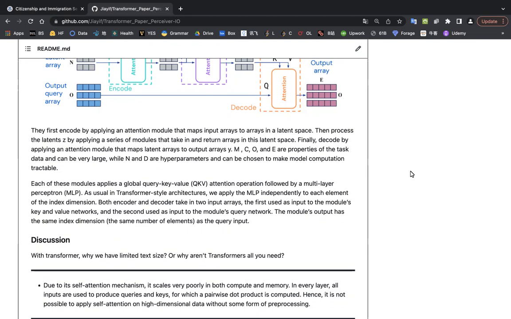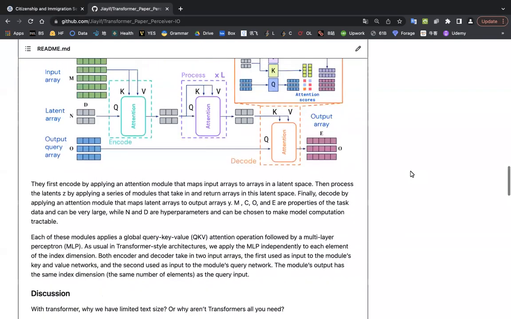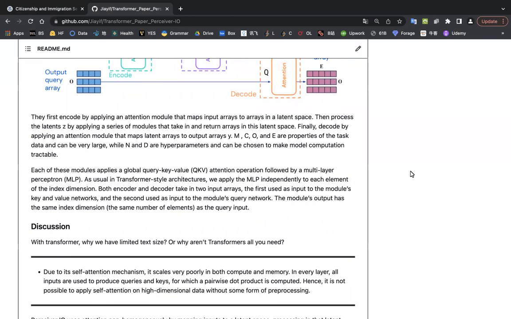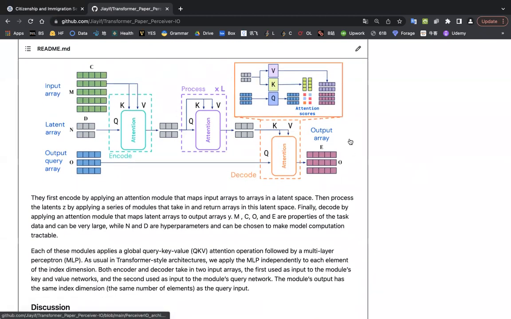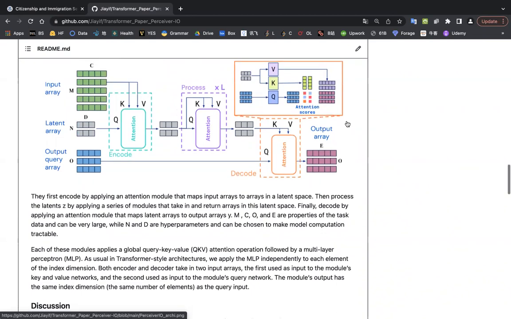Hence, it is not possible to apply self-attention on high-dimensional data without some form of pre-processing. And this dot product takes place here, and it is then used to calculate the attention scores.